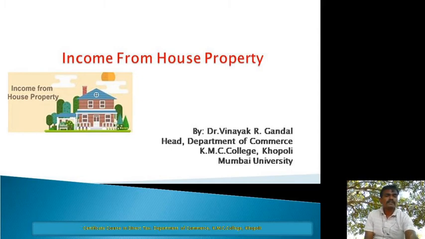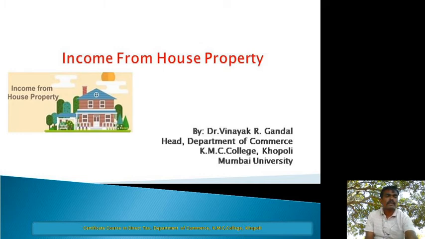Second step is related to actual rent. Actual rent means annual rent minus unrealized rent. And the rule is, if actual rent is more than reasonable lettable value, then the actual rent is to be considered as gross annual value as per the second step.